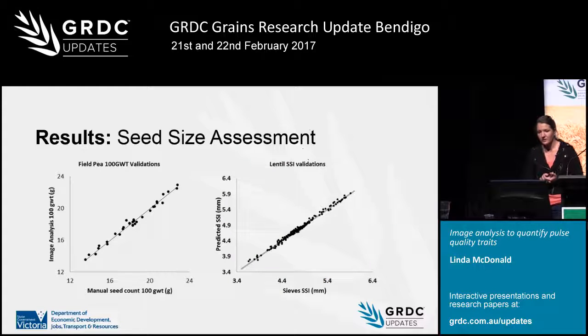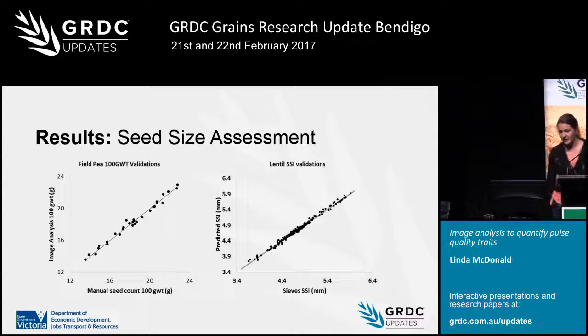A few more results. On the right-hand side, lentil seed size index predictions. On the x-axis, you've got seed size index measured through standard sieving method. On the y-axis, you've got the image analysis predicted seed size index. The grey straight line there is the one-to-one correspondence, so the closer the data points are to that line, the more accurate the prediction is.